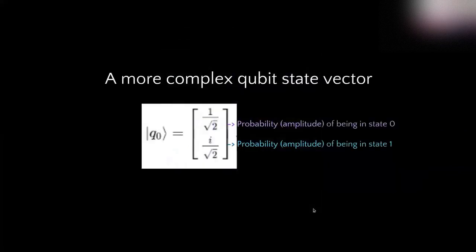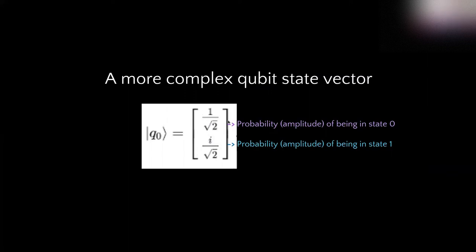So now let's look at a more complex qubit state vector instead of just 0 ket or 1 ket. If we have something like this, then it means that the amplitude of being in state 0 is this, and the amplitude of being in state 1 is this. Why are we using the term amplitude? Because this is not the probability, because the probability of being in all states should sum up to 1, and their sum is not equal to 1.